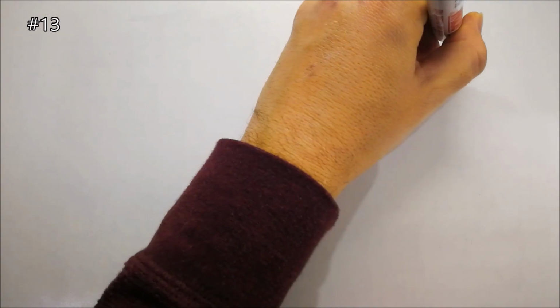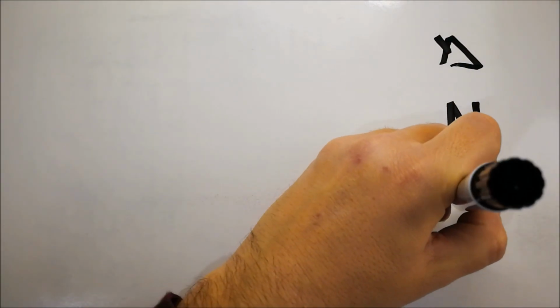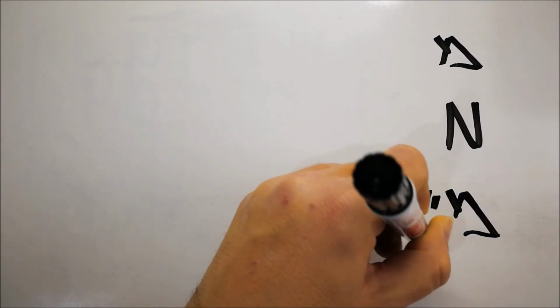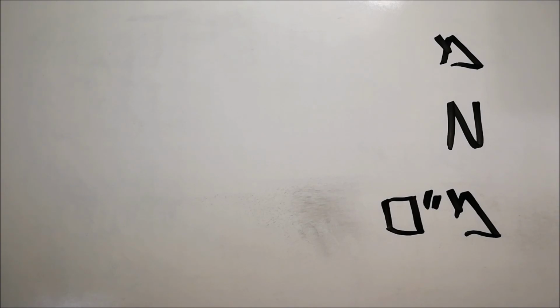The next letter is Mem. This is how you write Mem in print and handwriting. This is how you spell the letter Mem. Mem, like Kaf, has a final form.